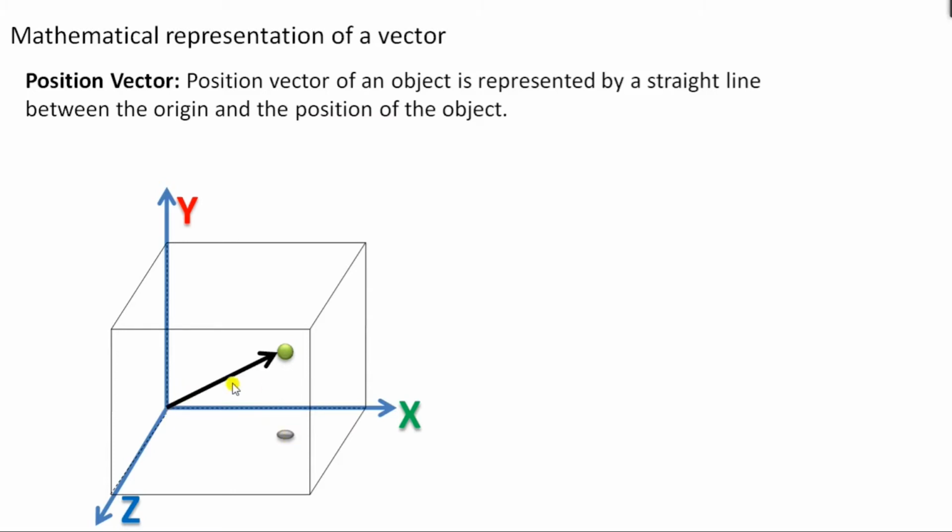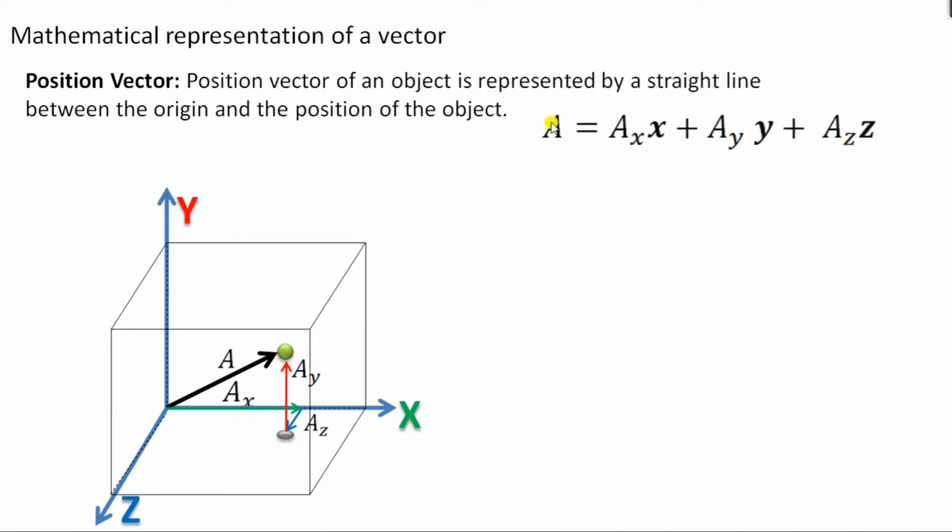The straight line between the origin and the object is called the position vector, and we denote it by A. If you want to reach this point, you have to cover the distance ax towards x, then distance az towards z, and you have to cover ay distance in the direction of the y axis, then you will reach this point.